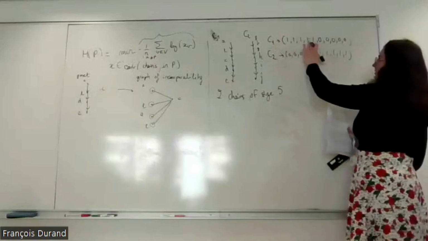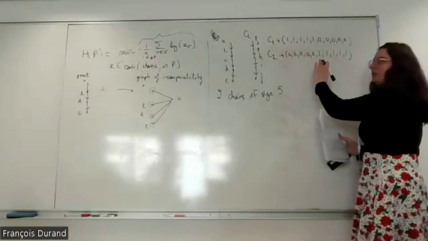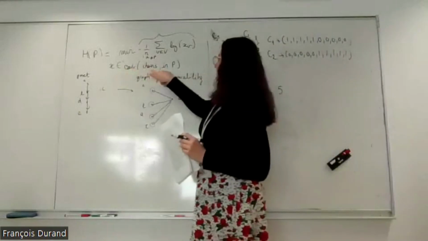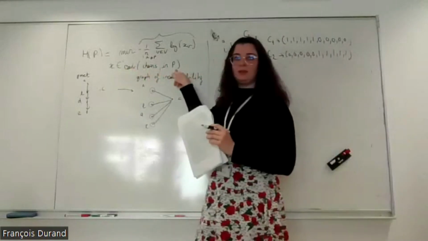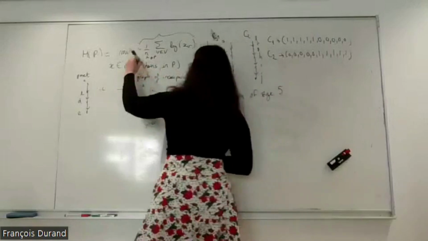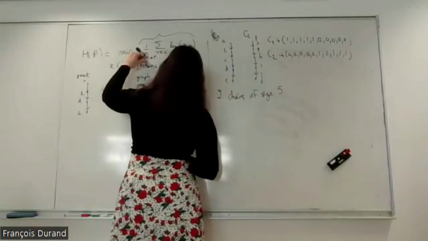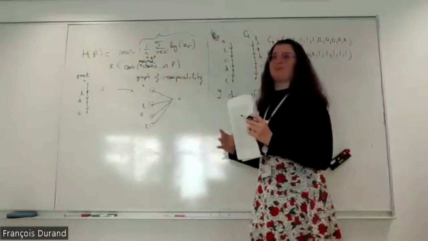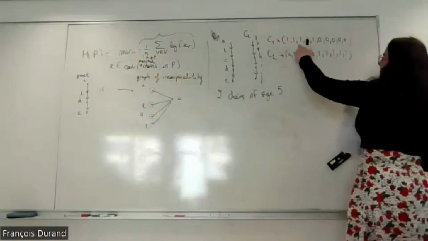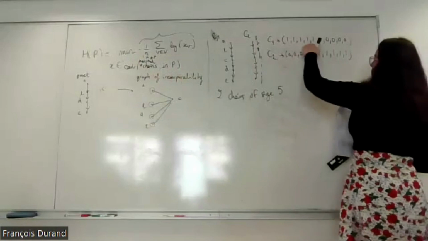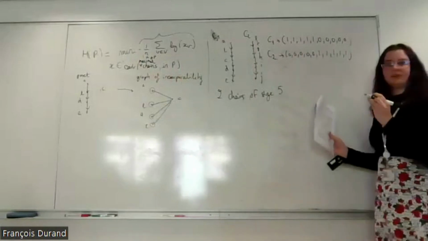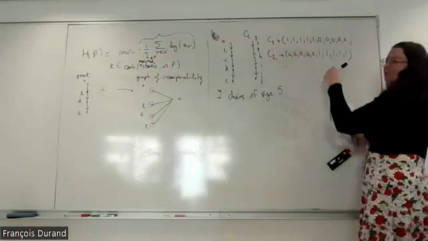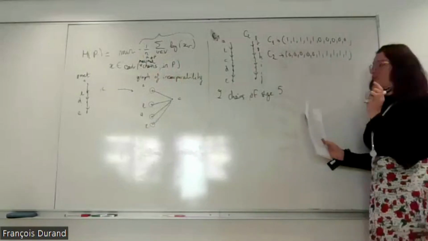Oh yeah, I forgot to mention that here you minimize on the chains in P, but this is equivalent to minimizing on the maximum chains. And so here, if you only take those 2 vectors, you just have to minimize on the convex point between those 2 vectors.